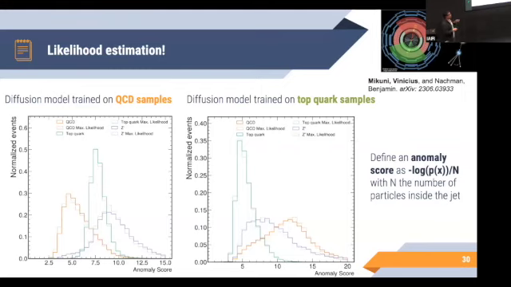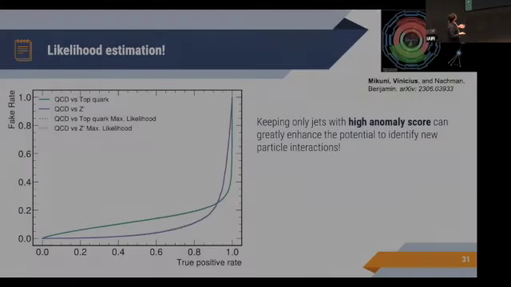So if I train it, for example, using just QCD jets, then QCD observations will be more likely, meaning lower score, compared to everything else that I can compare, like the top quarks and the new physics scenario. But then I can train a different sample. I can train a sample using top quarks instead. And now top quarks are lower and everything else is higher. We can use this score, for example, to identify things that are away from or less likely within the data sets that we use for the training.